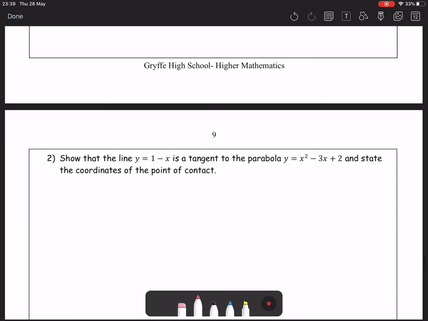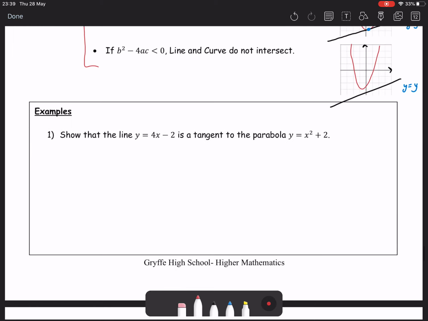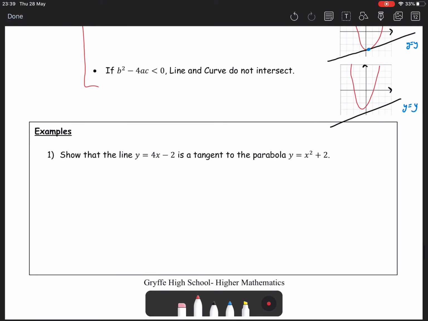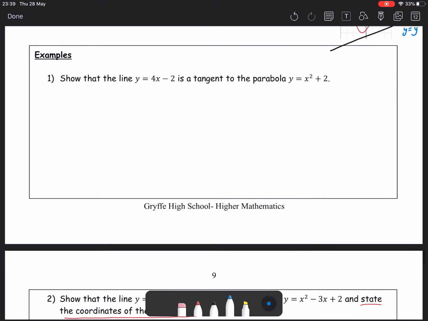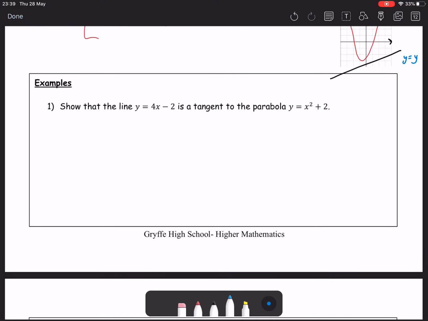In 2, exact same start, however, the second part of the question makes your approach very, very different. So I'm going to show you in 1 our basic option with our discriminant, and in 2 we're actually going to do it in almost 2 different ways.